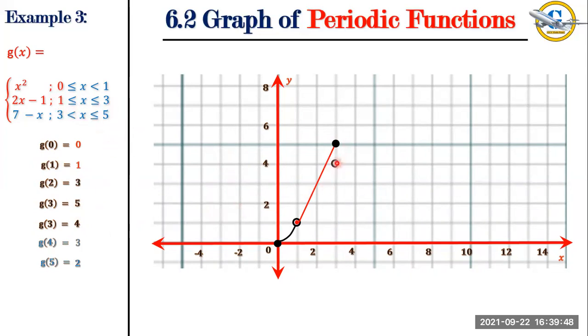At the point 3, we have 4, and at the point 5, we have 2, right? So this is the graph or the curve of this function. And from this graph, you can clearly see that at the value of x equals 3, this function is not continuous. But at 1, it is continuous because the values are the same. So we can copy and paste multiples of this interval or this period to sketch this function at other given intervals.